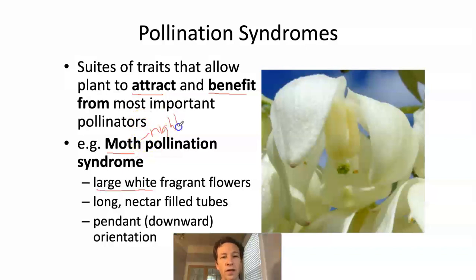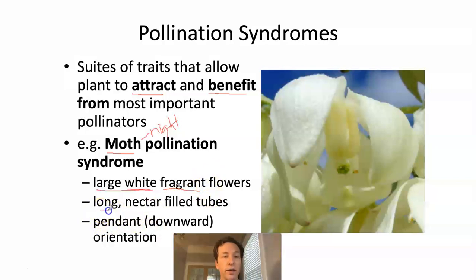So by having large flowers, they're easier to see at night, and white is the most distinctive color at night. And so again, this is making it easier for moths to see. Now, moths still aren't going to be great at seeing in the dark, and so these flowers are also highly fragrant. It gives the moths a different sense with which to locate flowers.